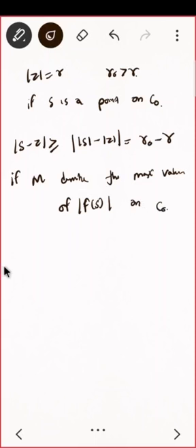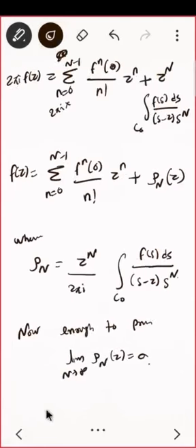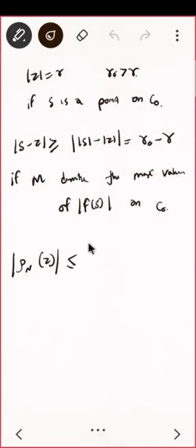So what will be mod of rho n of z? This will be less than or equal to, in the integral, inside it will be mod, so it will be r raised to n over 2 pi i, because mod z is r, correct?